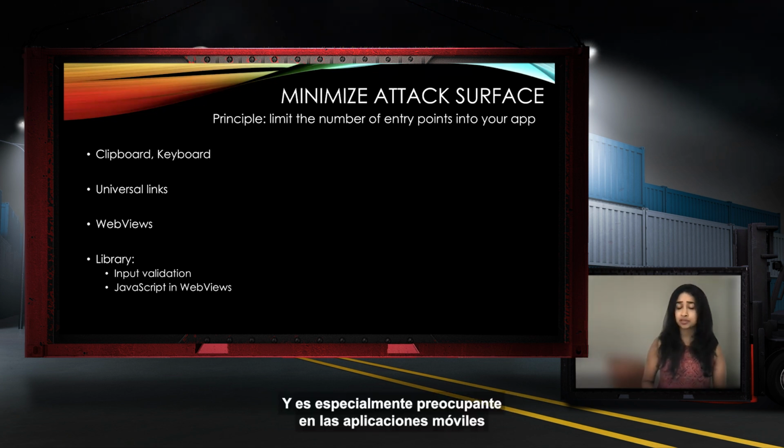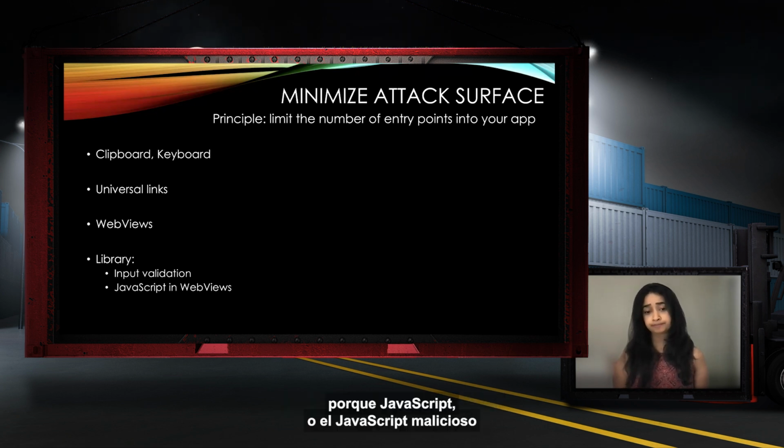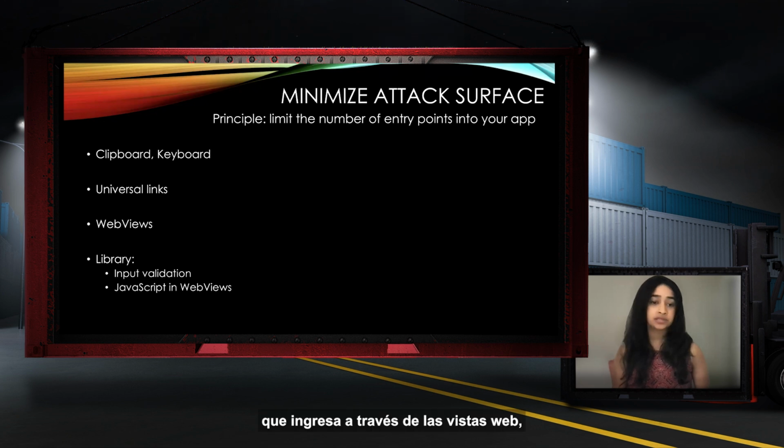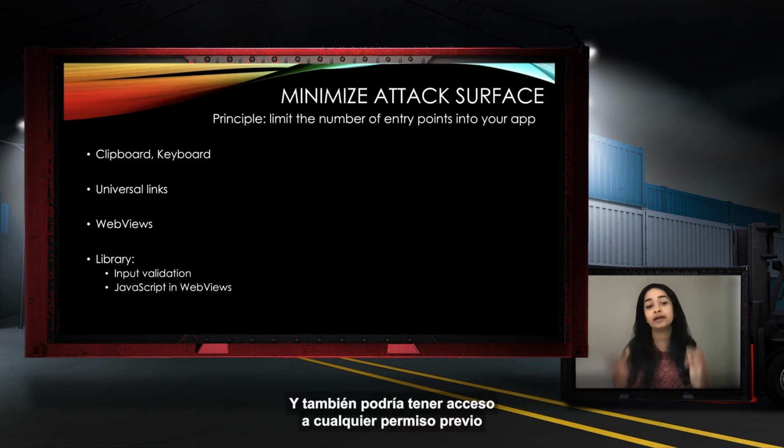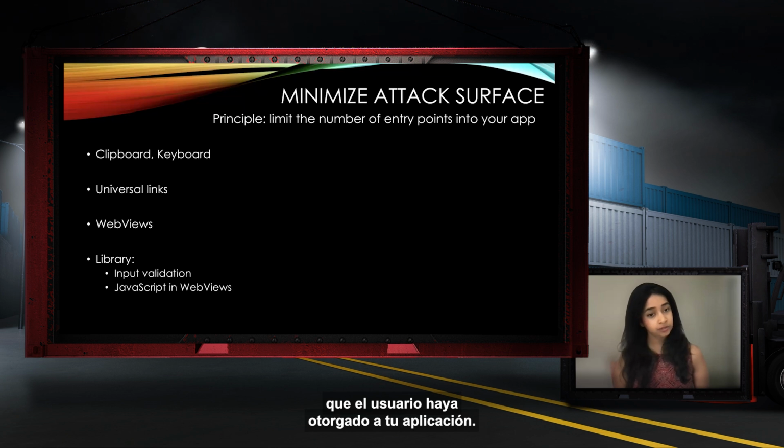And it's especially concerning in mobile applications because the malicious JavaScript that comes in through web views could have access to all of the data in your application's sandbox. And it could also have access to any prior permissions that the user has given your application.